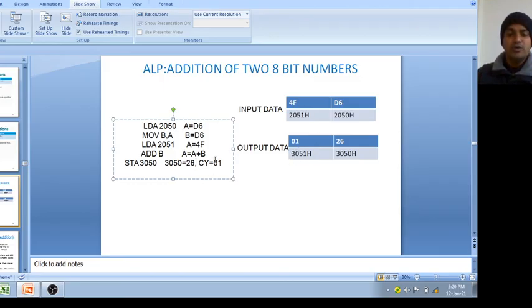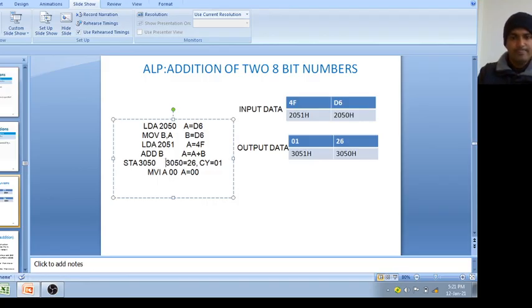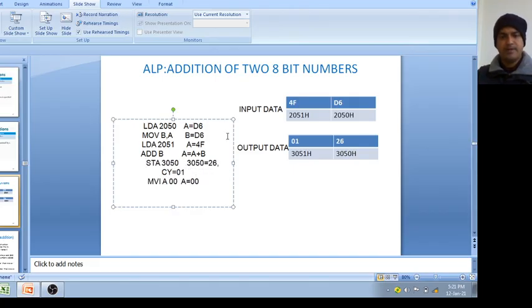So I use MVI A, 00. It means A equal to 00.